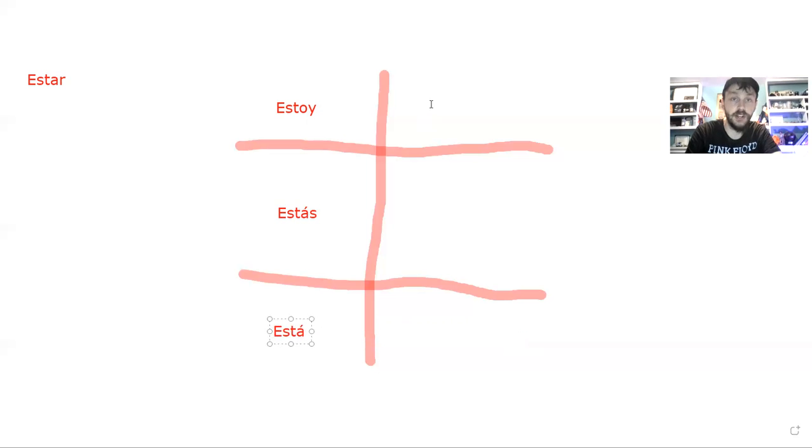And then in the plural, you have nosotros and nosotras estamos. No accent in the A here. Now in the vosotros, vosotras form, you have to be very careful. It is estáis, and the accent is in the I. And then in the ellos, ellas, y ustedes form, you have están.